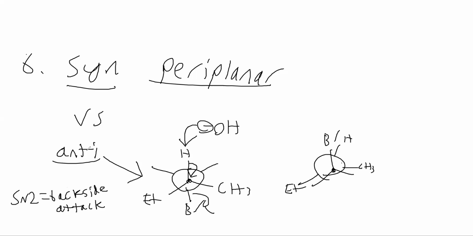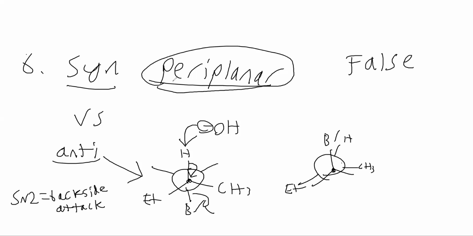So this is anti-paraplanar. It's very similar to the backside attack, so hopefully it's easy-ish to remember that anti-paraplanar looks like this. And the statement was false because I said syn. So don't just see the word paraplanar and immediately remember that it was related to the requirements. The anti is also important.